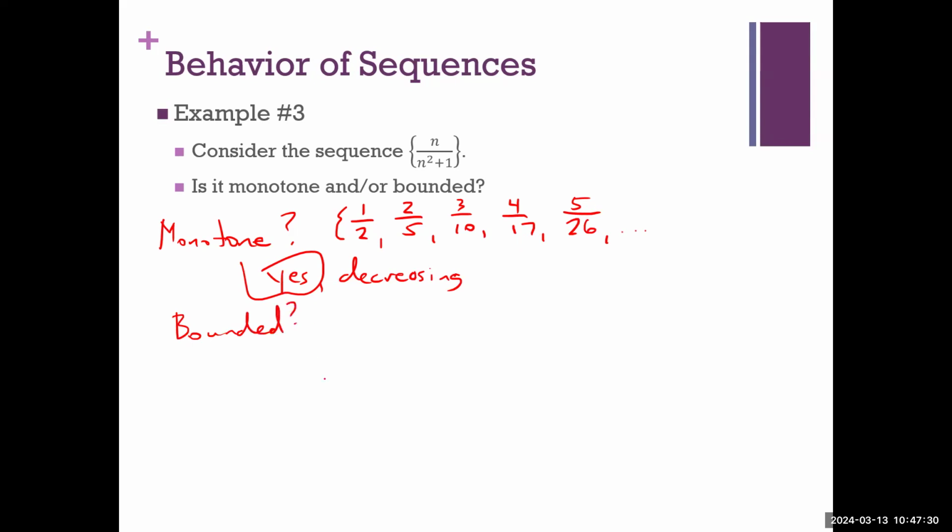Is it bounded? We definitely know it's bounded from which side? From the top, from above, so 1/2. So if we can come up with a bound from below, it should be going to 0. Even if it's not going to 0, can I say safely it'll never reach 0?